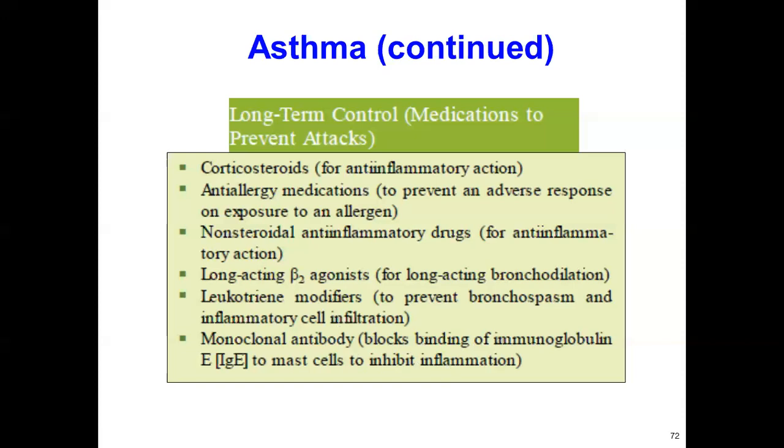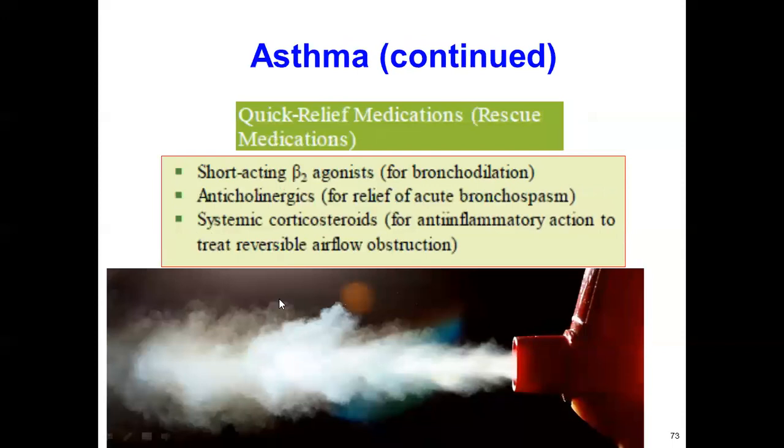And sometimes we use quick relief medication. We call it rescue medication. Short-acting beta-2 agonist for bronchodilation. As I told you, we use albuterol for acute exacerbation or before exercise.